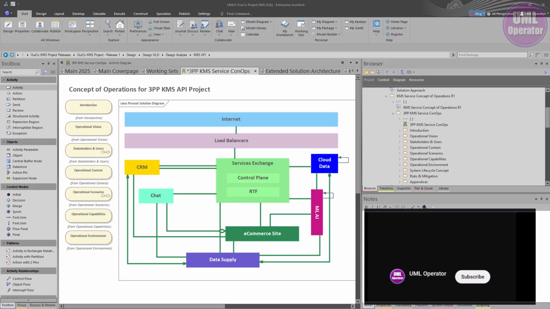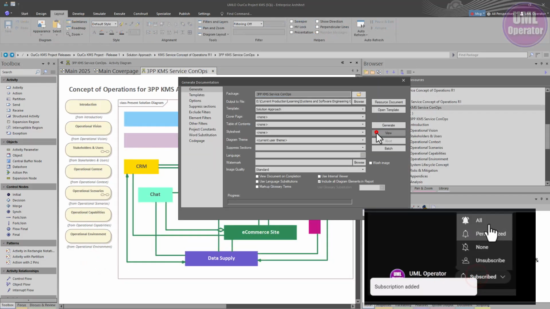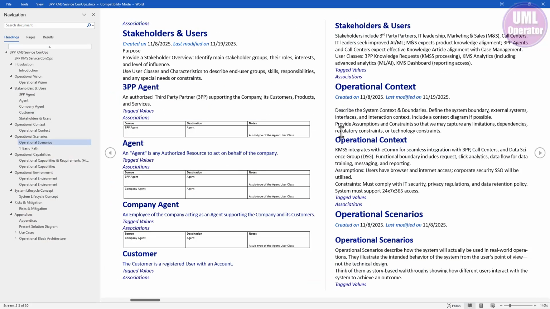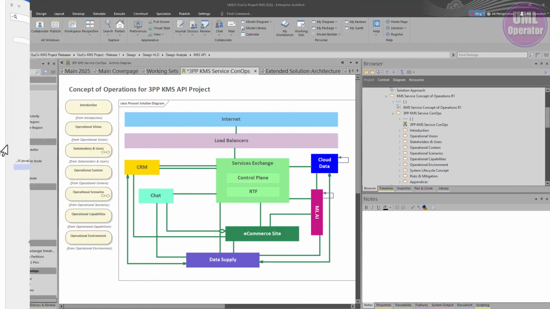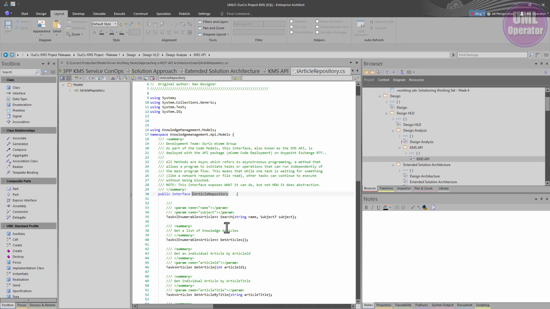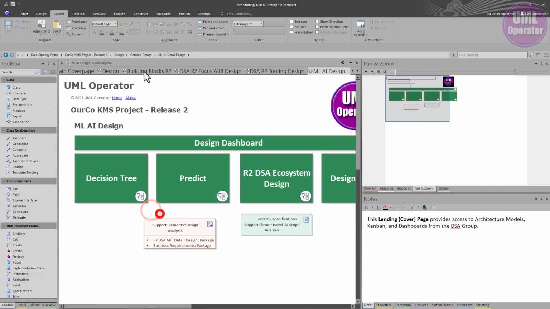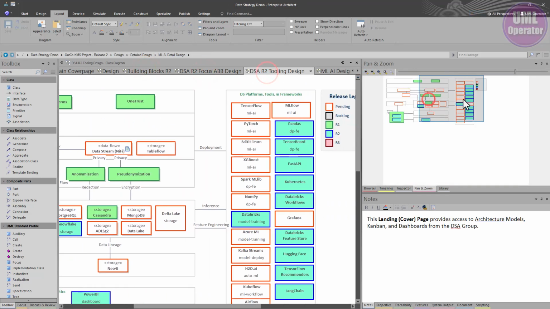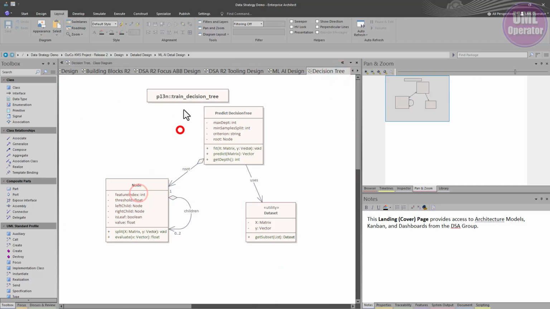So what's the difference between a solution architect or engineer and an AI engineer? While the solution architect solves problems with code and architecture, the AI engineer solves problems using machine learning and artificial intelligence, or AI.